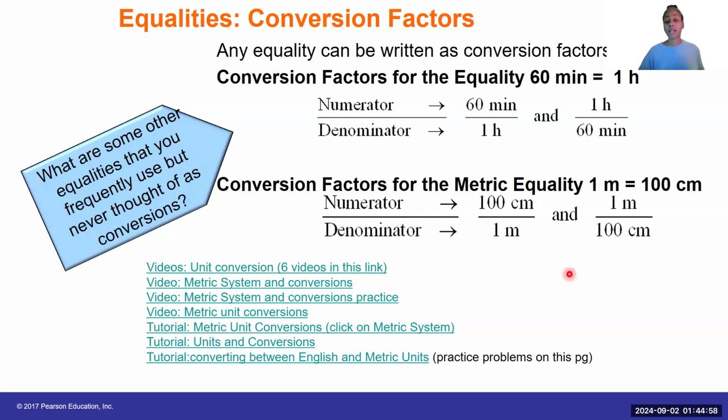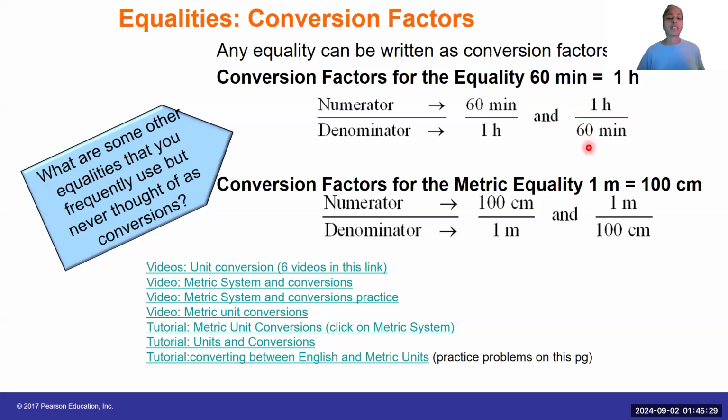How about a dozen? How many eggs are in a dozen eggs? How about a pair? How many shoes are in one pair of shoes? So any equality can be written as a conversion factor. If we have 60 minutes in 1 hour, then we can write 60 minutes per hour, or we can say 1 hour per 60 minutes.